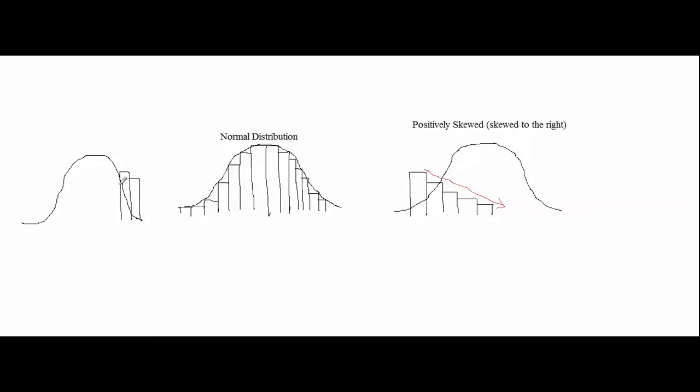And then trails off toward the left end. If we make an arrow, we can see that it's trailing off toward the left end. So it's called skewed to the left, or negatively skewed, because you can imagine how it's trailing off toward the negative end of the number line. So it's negatively skewed.